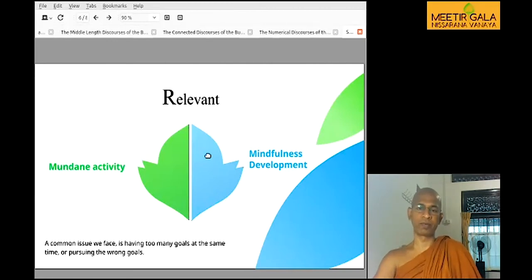We need to be a little careful, because mindfulness practice also needs careful attention to how we are managing our other activities. It is not just coming and sitting cross-legged and developing mindfulness, and the rest of the time allowing the mind to wander or behaving as you like. That doesn't really help.